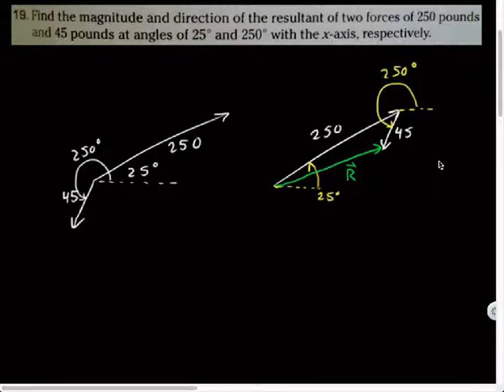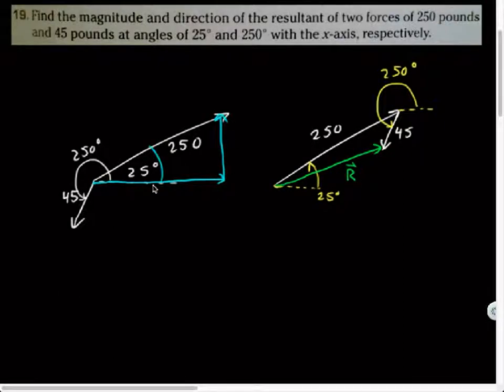Or should I break this into two separate vectors, maybe? What do you guys think? That might be the better case. What would you do? Well, what if I break these into their vertical and horizontal components?